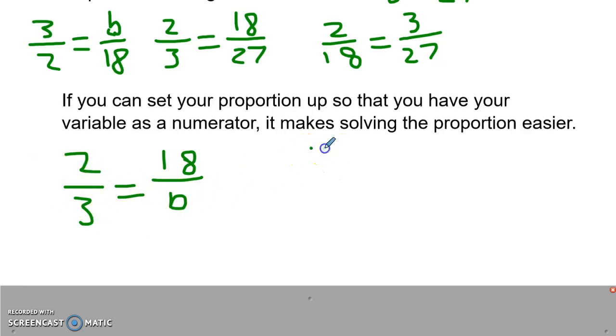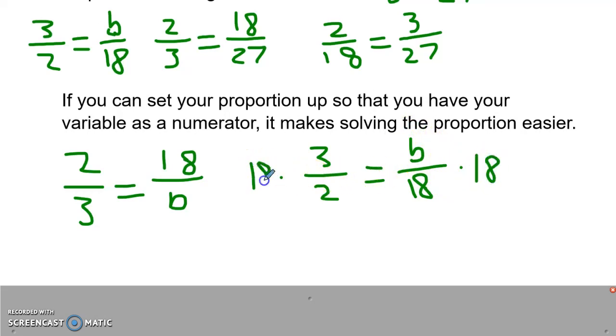But if I had set it up as 3 boys over 2 girls, equaling the number of total boys over 18 girls, now, in order to isolate my variable, all I have to do is multiply 3 halves by 18, and that's going to give me the answer, and that's going to save me a lot of steps.